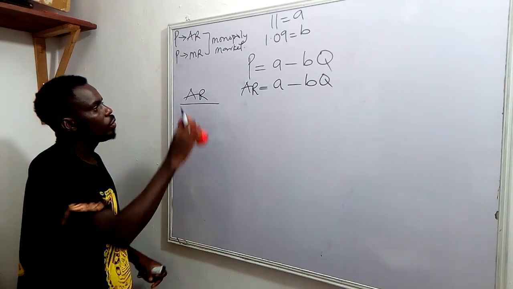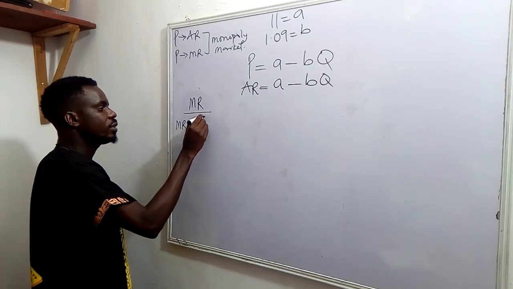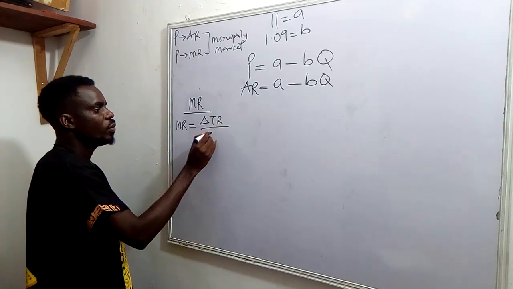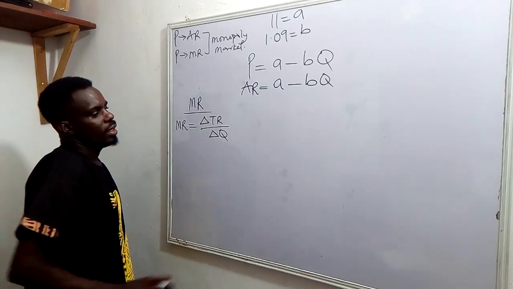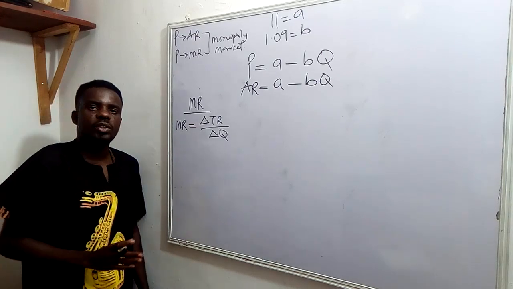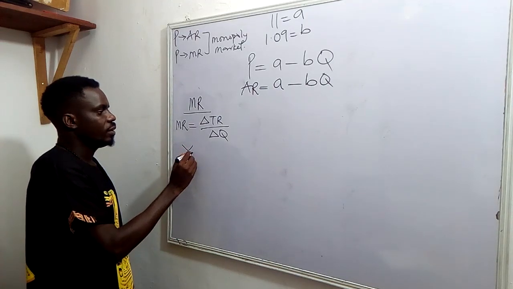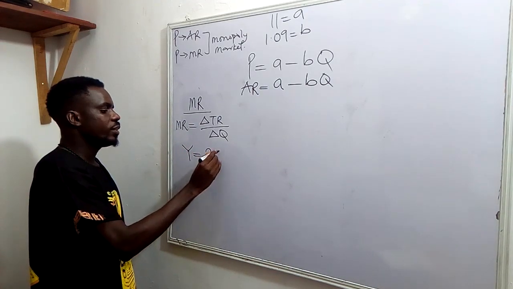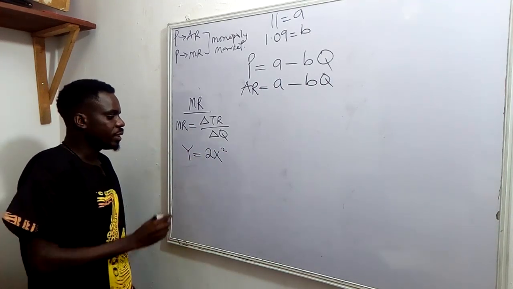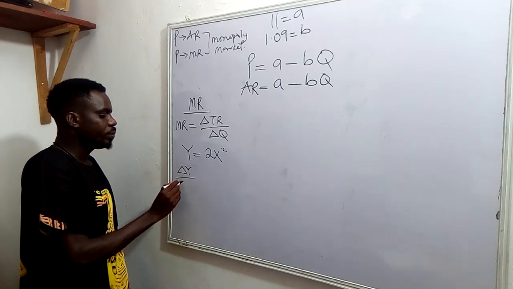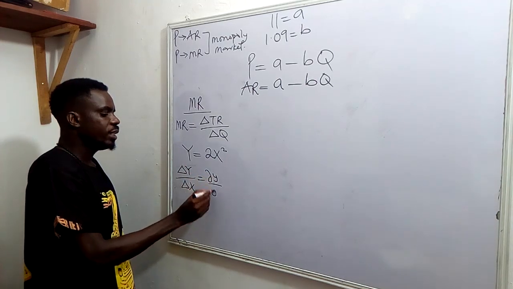For marginal revenue, the formula is given as MR equals change in total revenue over change in quantity. Before I explain this, I would like to introduce you to the concept of differentiation. If we are to differentiate y equals 2x squared, this can be expressed as change in y with respect to change in x, which is also dy/dx.